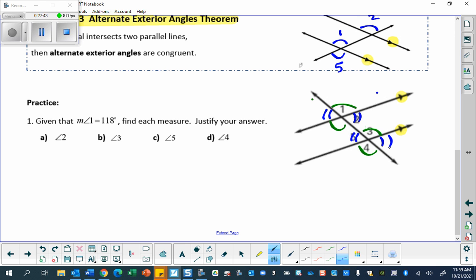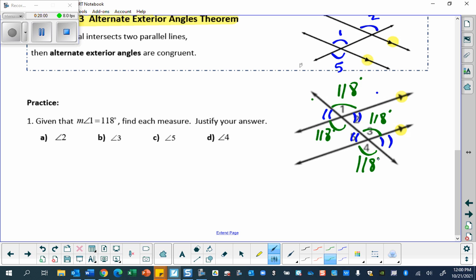Is it your fat or is it your skinny? And as soon as they tell us that the measure of angle 1 is 118 degrees, I automatically have the measure of 4 angles of that system.